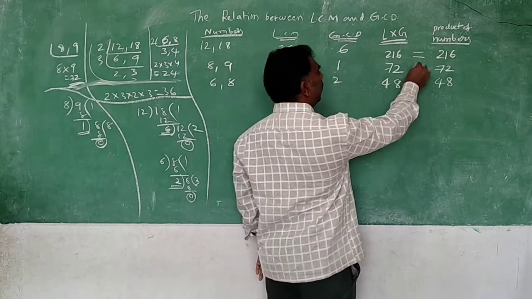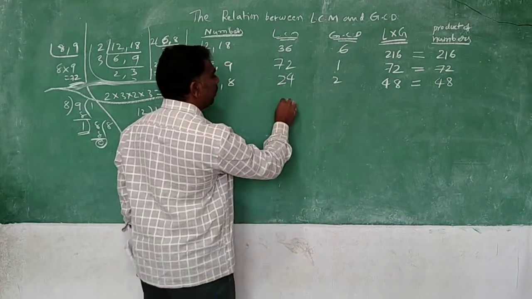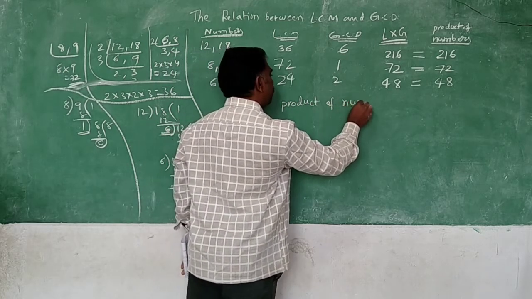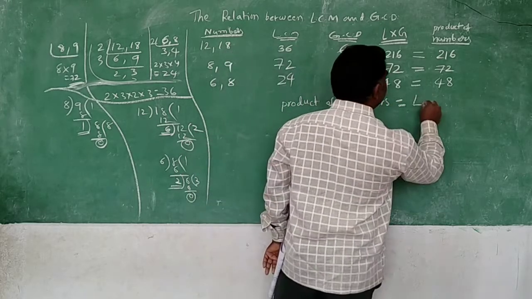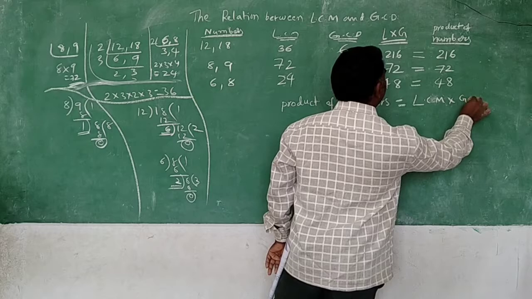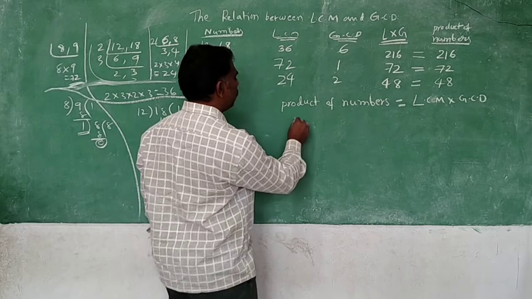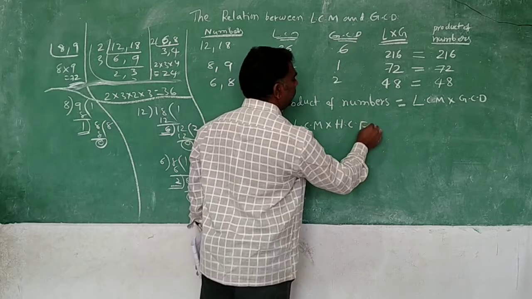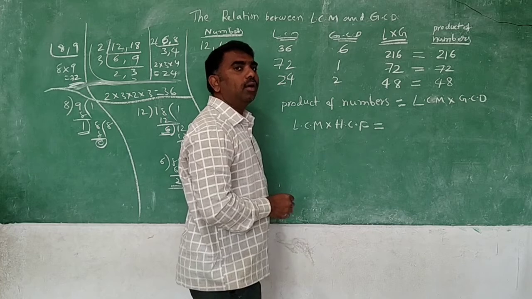In all examples I found that the product of numbers will be equal to LCM into GCD. So in another way also you can write it here. LCM into HCF or GCD, both are the same. LCM into GCF is equal to the product of the numbers.